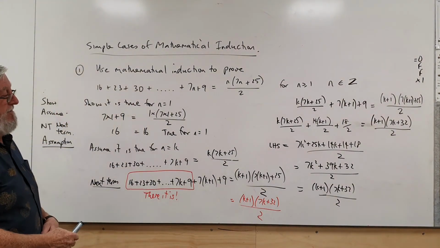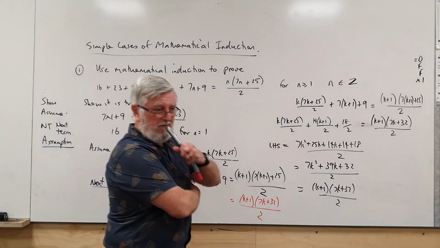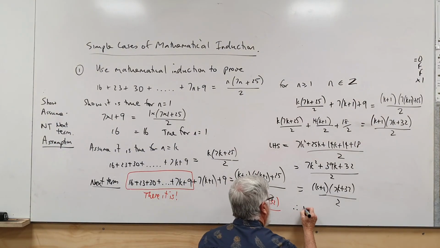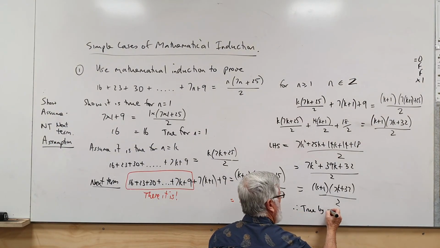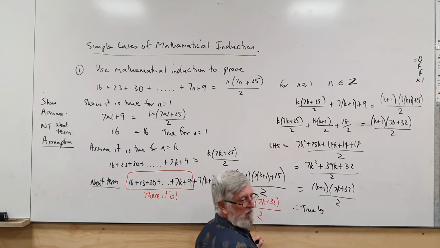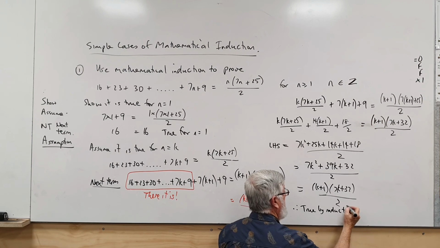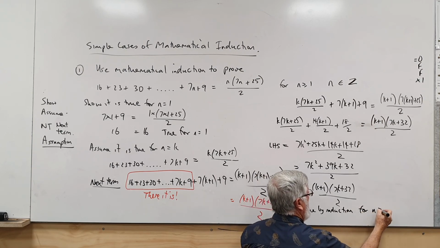I could have done it if I wanted to, but you saw me do it, I know, again. Very humble, sir. Oh yeah, very humble. Therefore, true by, now do we have to write the words mathematical induction? True by induction. And I think it'd be better to say for n greater than or equal to 1.